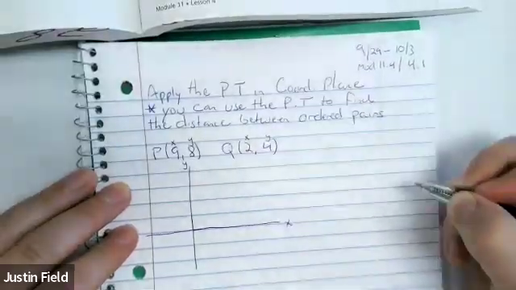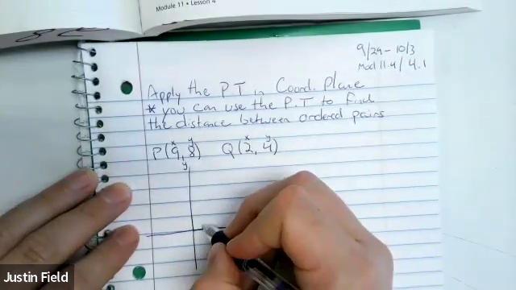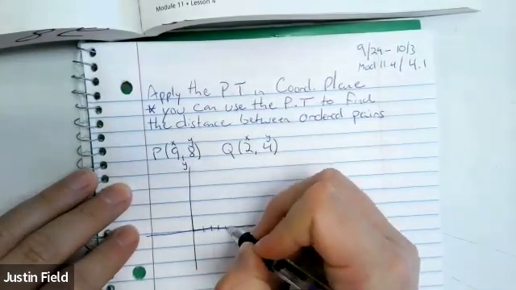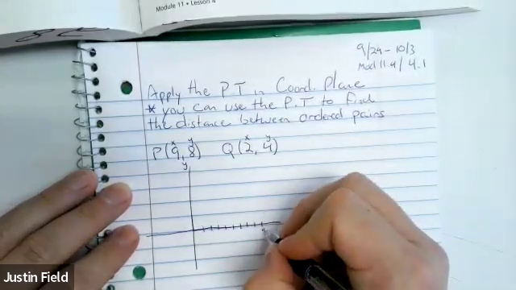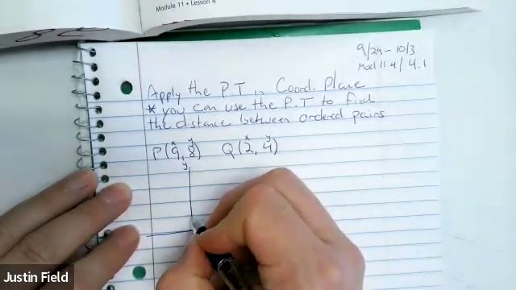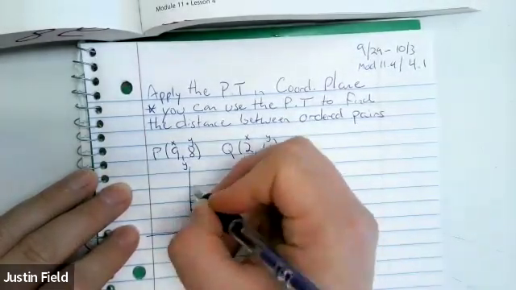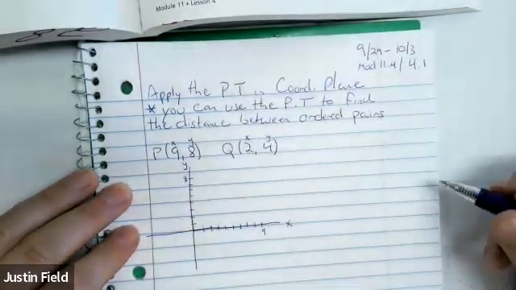That's x, that's y. Let's just get that out of the way. So I'm going to make 9 ticks over: 1, 2, 3, 4, 5, 6, 7, 8, 9. There's 9 right there. And I'm going to go 8 ticks up: 1, 2, 3, 4, 5, 6, 7, 8. There's my 8.